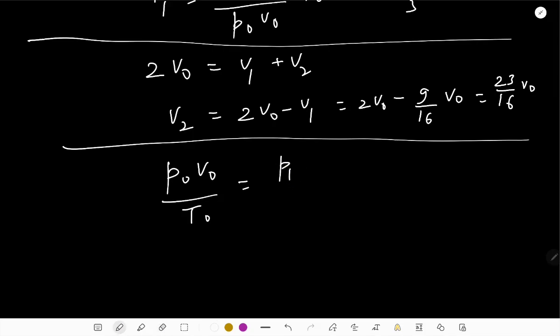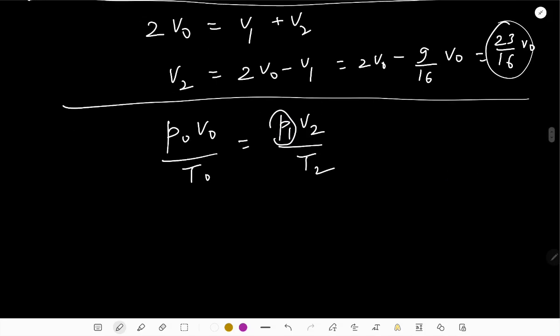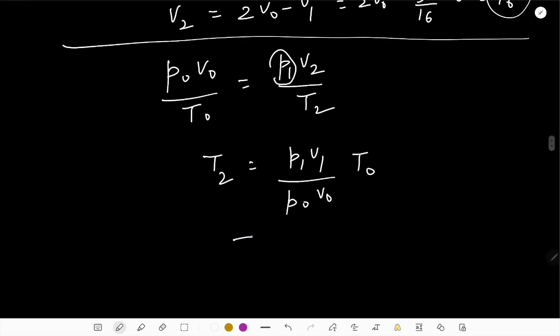So I would like to write P1 here, P1 V2 by T2, and we know the value of V2, we know the value of P1, and we can calculate T2, and T2 is going to be P1 V2 by P0 V0 T0. And after putting all those values, you are going to get T2 equals 92 by 27 T0, and that is the answer.